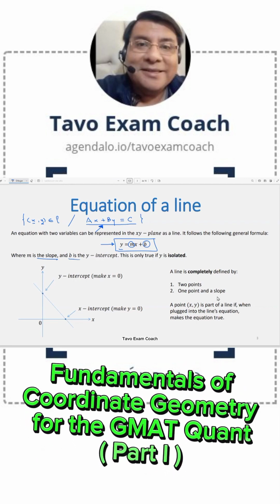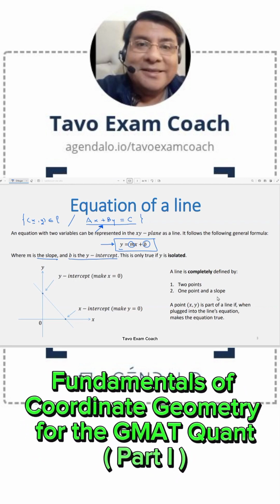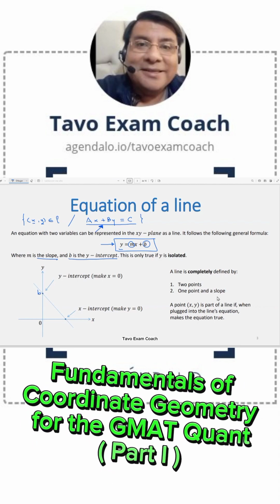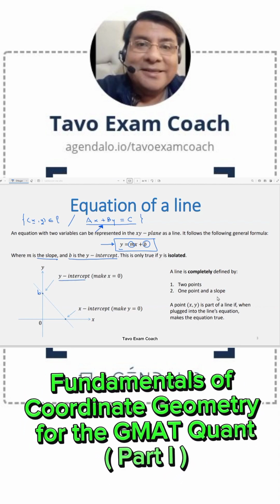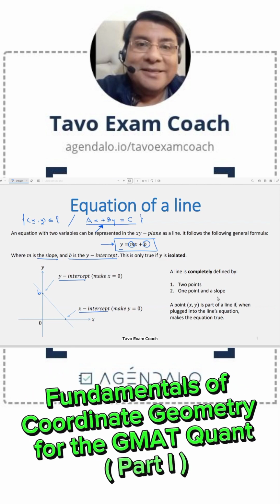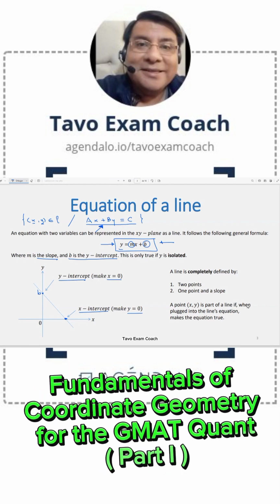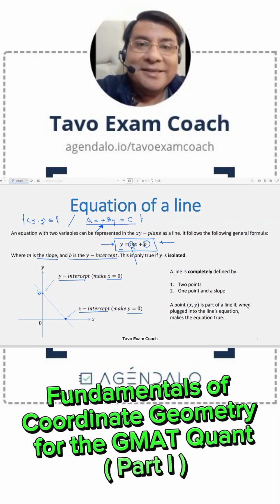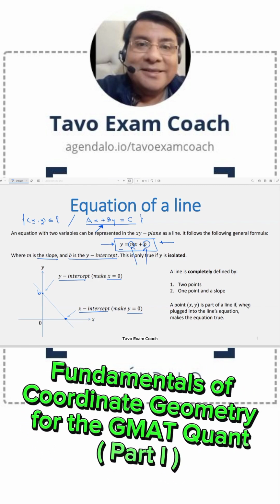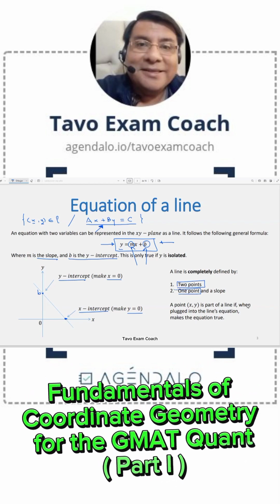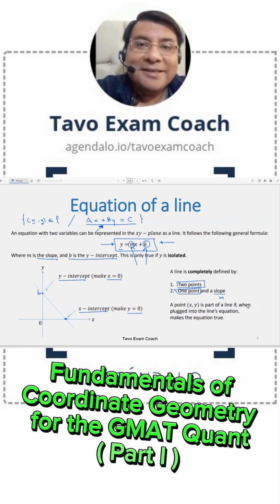And B is called the y-intercept, representing the position over the vertical axis where the line crosses. So y-intercepts and x-intercepts exist. All you need in order to determine these two values, M and B, is to have the coordinates of 2 points or the coordinate of 1 point and the value of M, the slope.